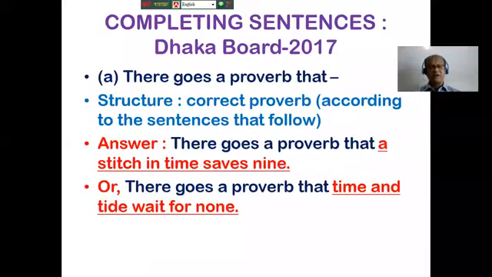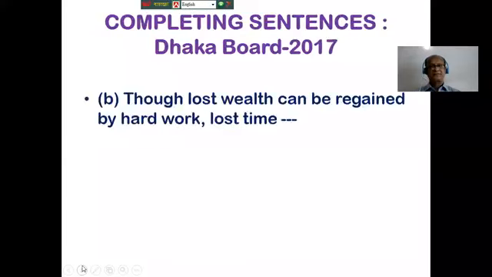Time and tide wait for none. Already we have written one proverb in the previous board question, like make hay while the sun shines. Then heat the iron, or strike the iron when it is hot. There are 4 proverbs. Anyway, now let us go to the next.